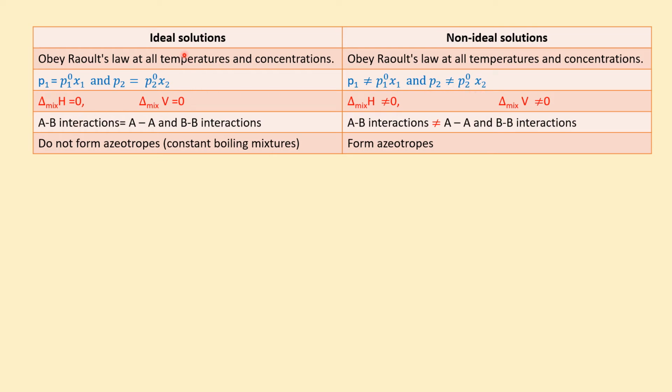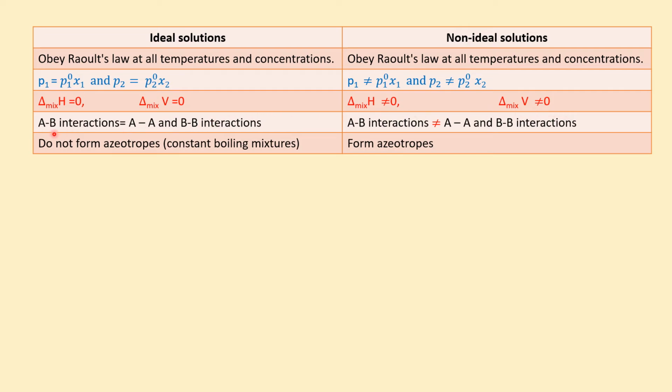In case of ideal solutions, delta mix H is equal to 0 and delta mix V, volume, is equal to 0. Whereas in the case of non-ideal solutions, delta mix H is not equal to 0 and delta mix V is not equal to 0.